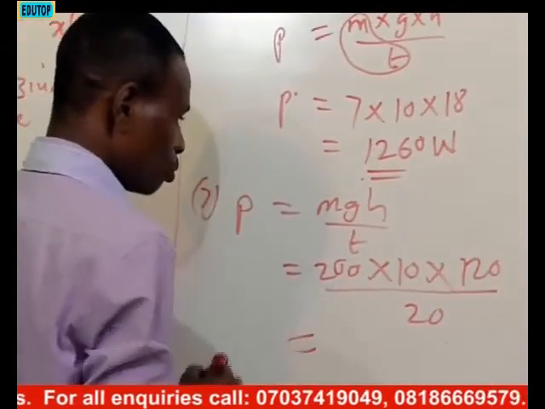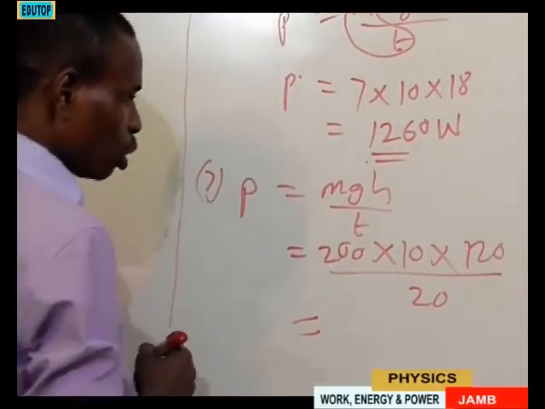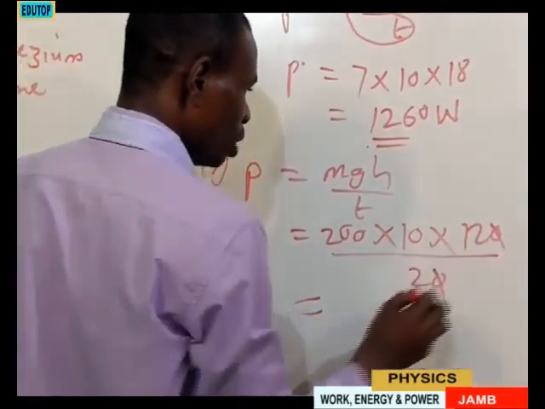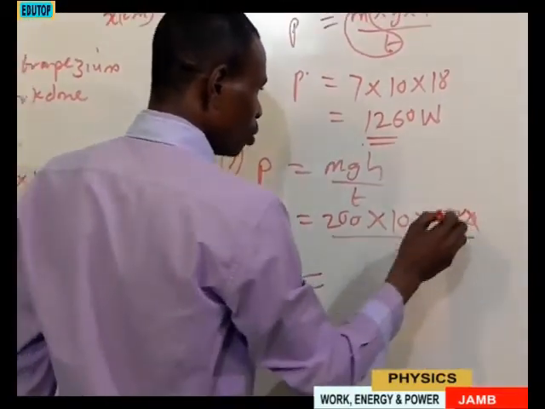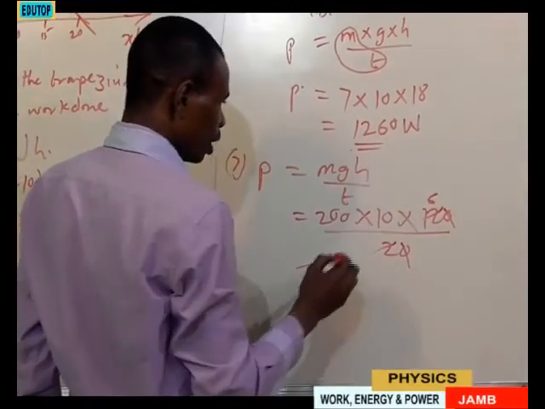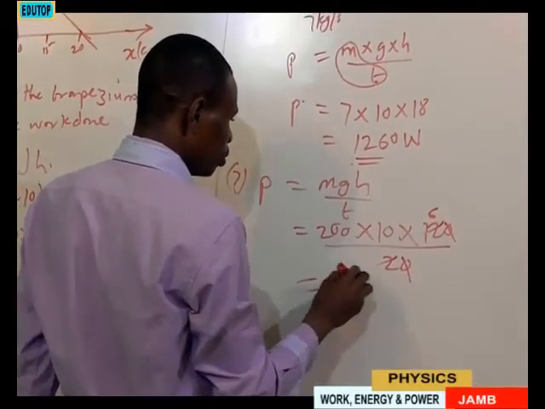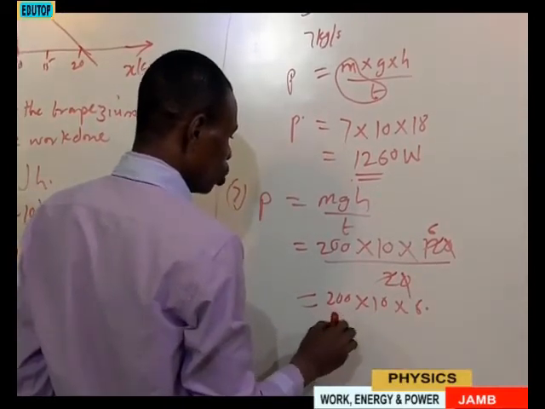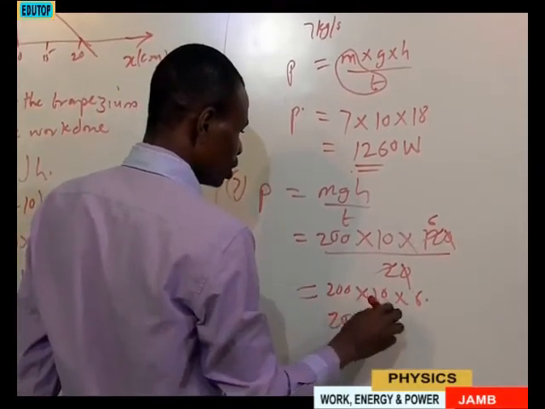And that's all. That's what we are to do there. And then we have this one, cancel this. We have 2, that's 6. So what I have here is 200 times 10 times 6. And it's going to be 200 times 60.